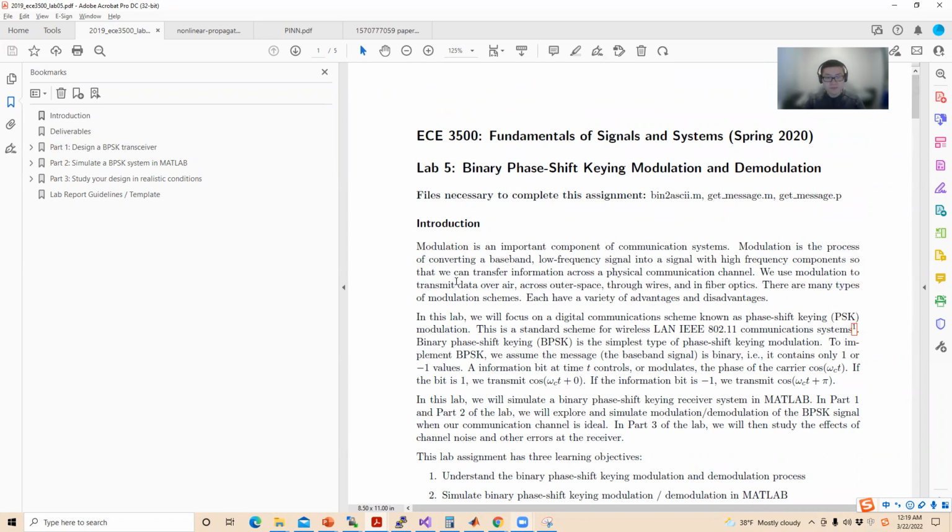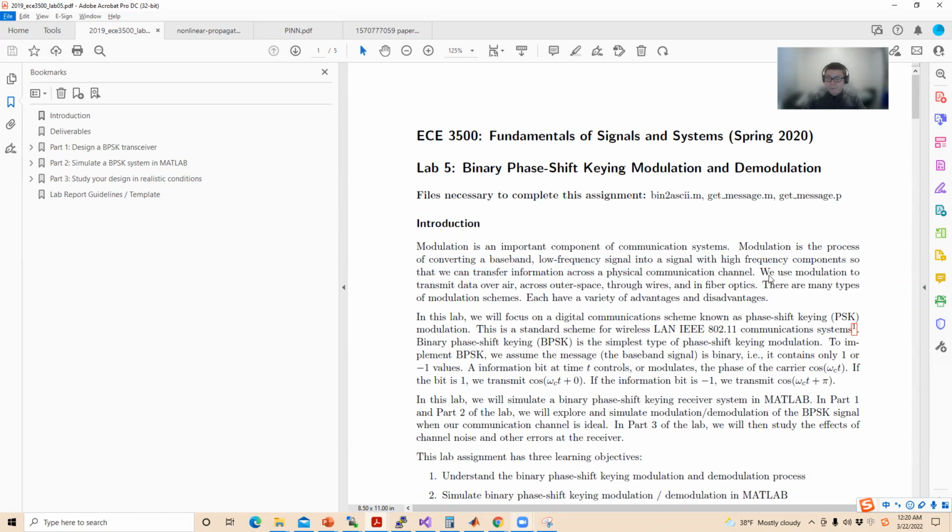Okay. So Lab 5 is for the binary BPSK modulation. What is modulation? I think the first paragraph has explained it very well. Modulation is the process of converting a baseband low frequency signal into a signal with high frequency components, so that we can transfer information across a physical communication channel.